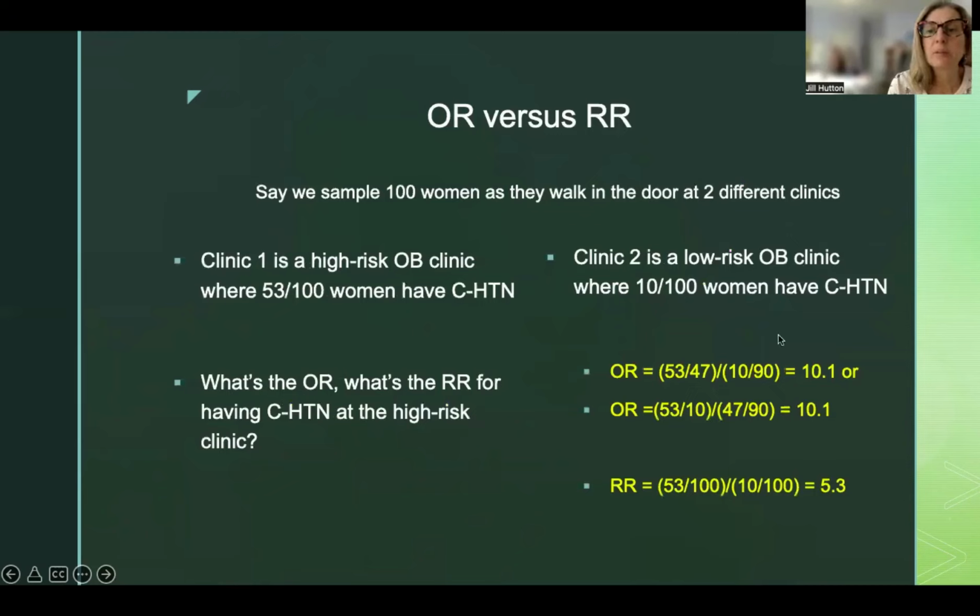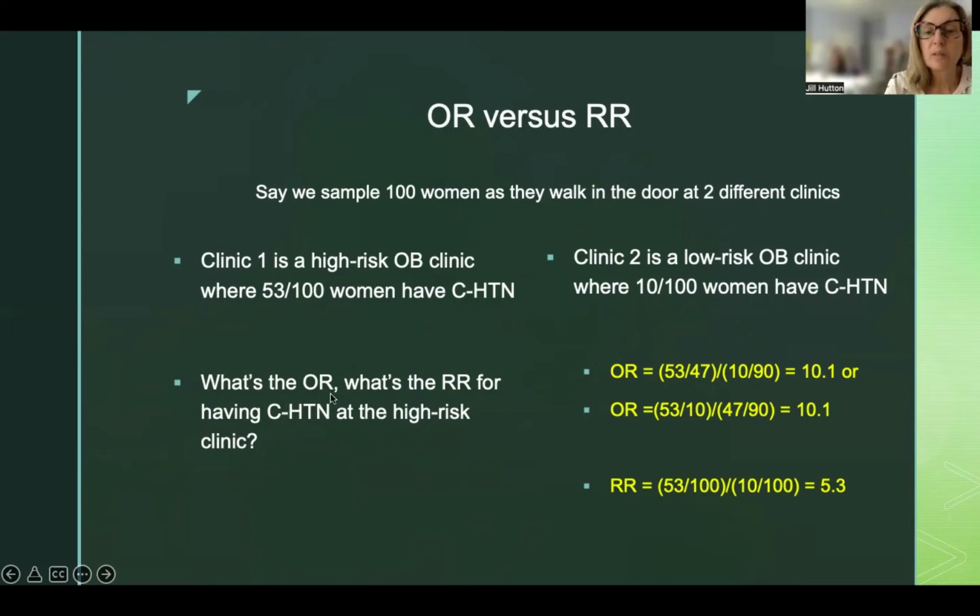So let's look a little bit more at this. Say we sample 100 women as they walk in the door at 2 different clinics. Clinic 1 is a high-risk OB clinic where 53 of 100 women walking through the door have chronic hypertension. And Clinic 2 is a low-risk OB clinic where 10 out of 100 women have chronic hypertension as they walk in the door.